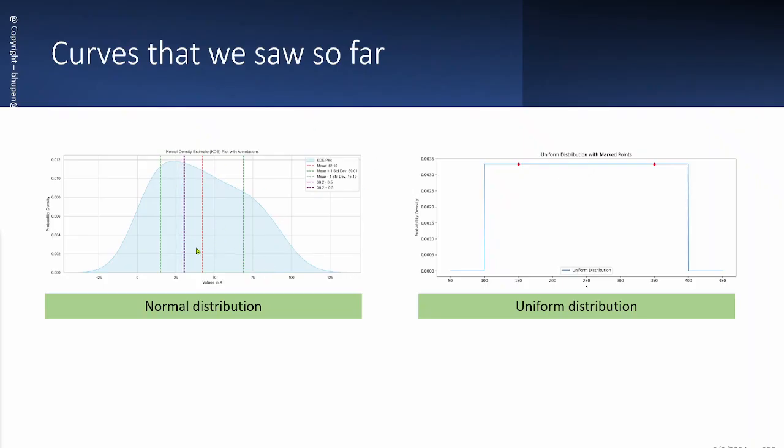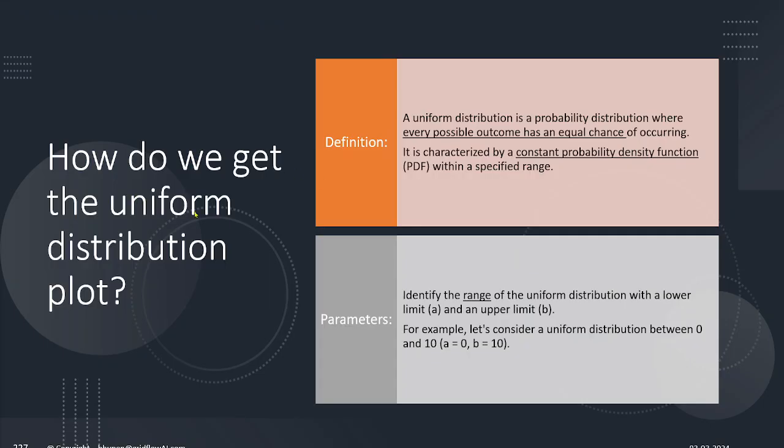Similarly, the curves that we saw so far, one was normal distribution, and one we saw was uniform distribution. So how do we get uniform distribution? Quite simple.